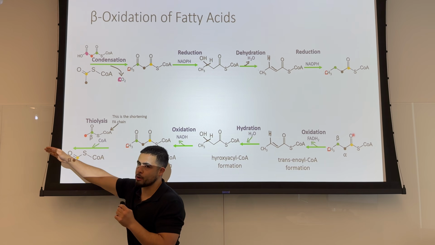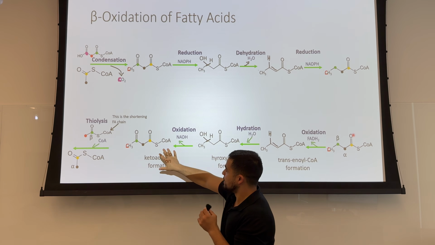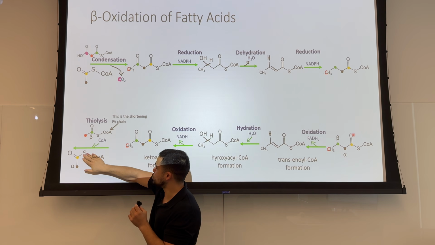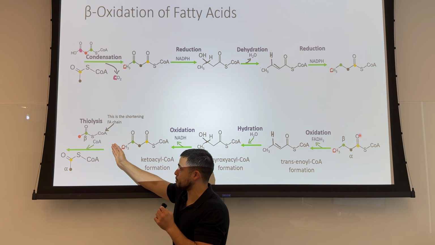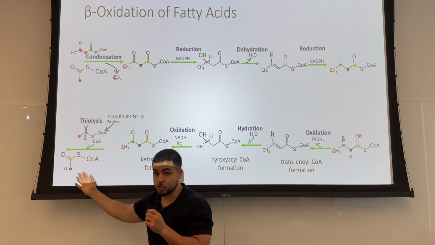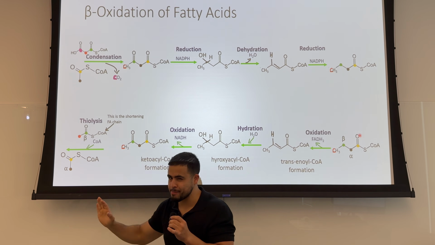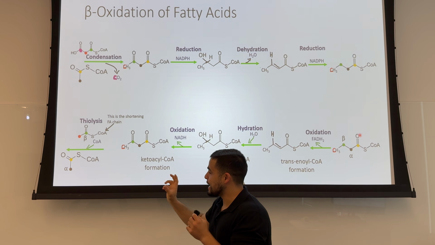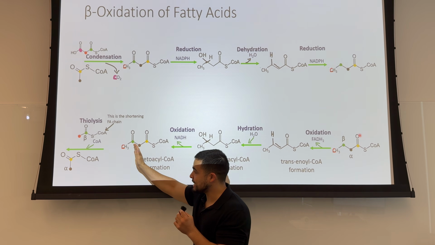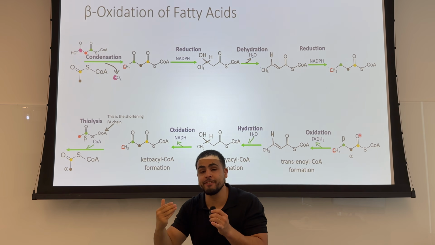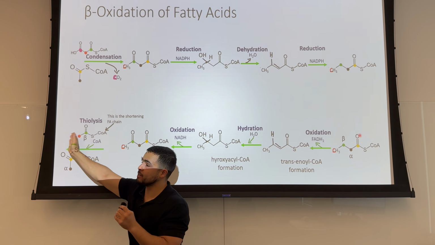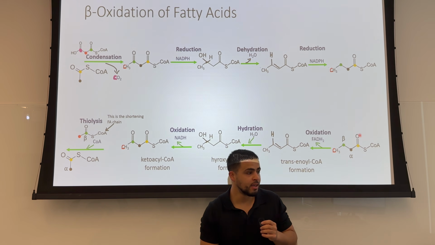Of course, this is just a 4-carbon molecule, so you can see that you have only two carbons left. But if this were 6 carbons long, then you would have a 4-carbon molecule over here, and the one you just released is going to be your acetyl-CoA. Hope that makes sense, okay? So the carbonyl carbon and the alpha carbon of your original fatty acid chain are given off as acetyl-CoA. The remainder of it is going to be your shortening chain, okay?